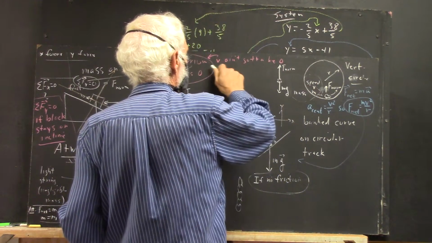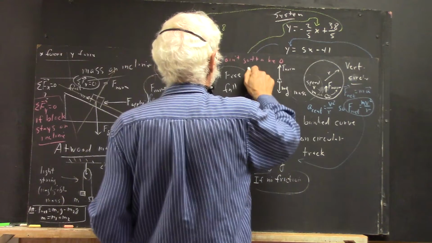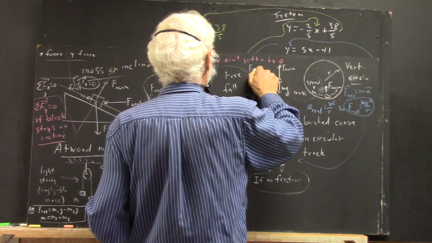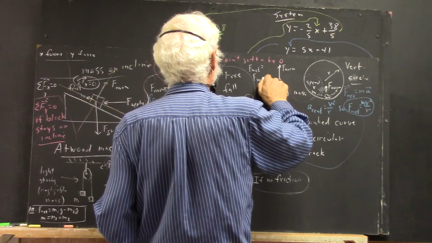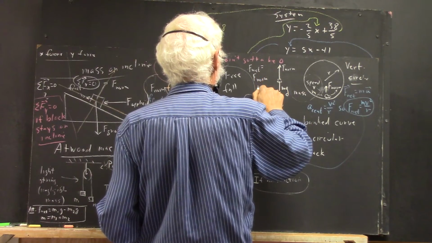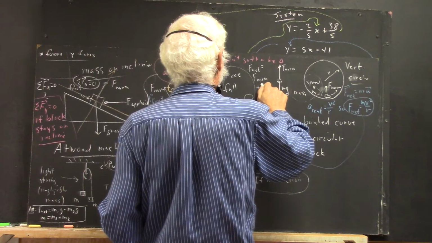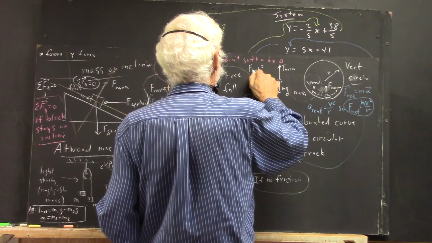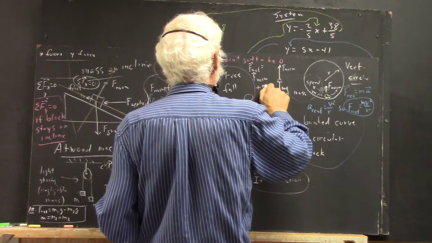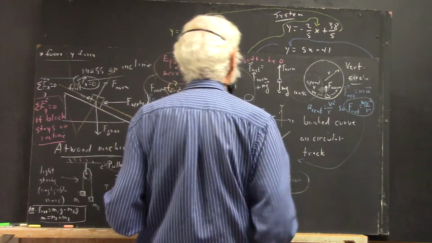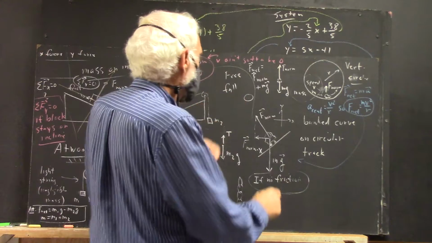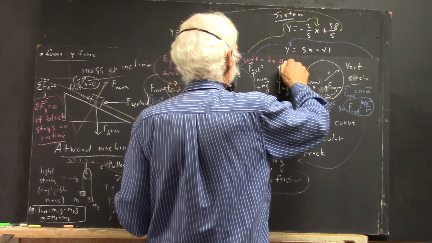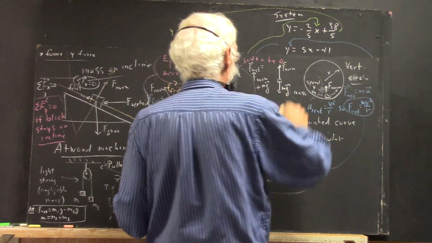So net force is your vector force up here. And since these are vectors, I'll put an arrow over this and an arrow over g.